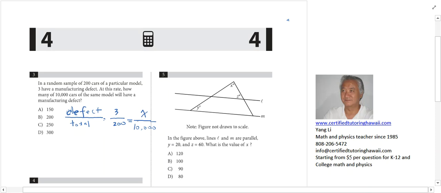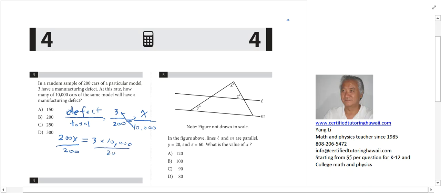So after you build up the proportion, the two fractions equal, you go by cross multiply. You're going to have 200x equals 3 times 10,000. Then to find x, you divide by 200.